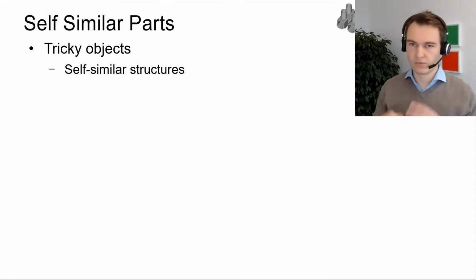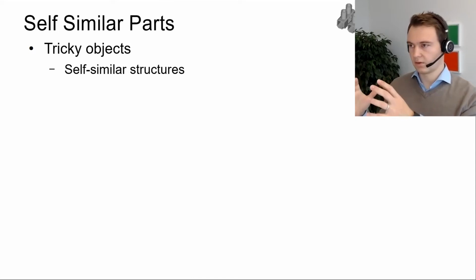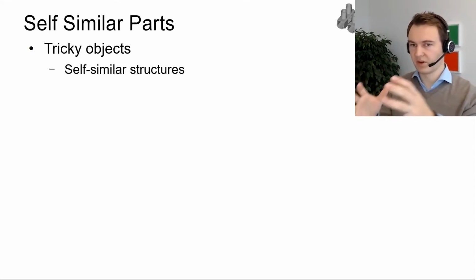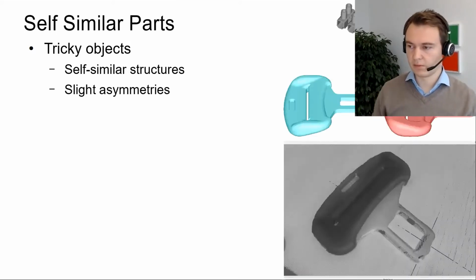For example, repetitive geometry, holes that are equally spaced or something like that. And in general, this poses some problems to the search algorithms because if the repetition distance is not very large, you have quite similar poses that all match the object. So this is definitely difficult.